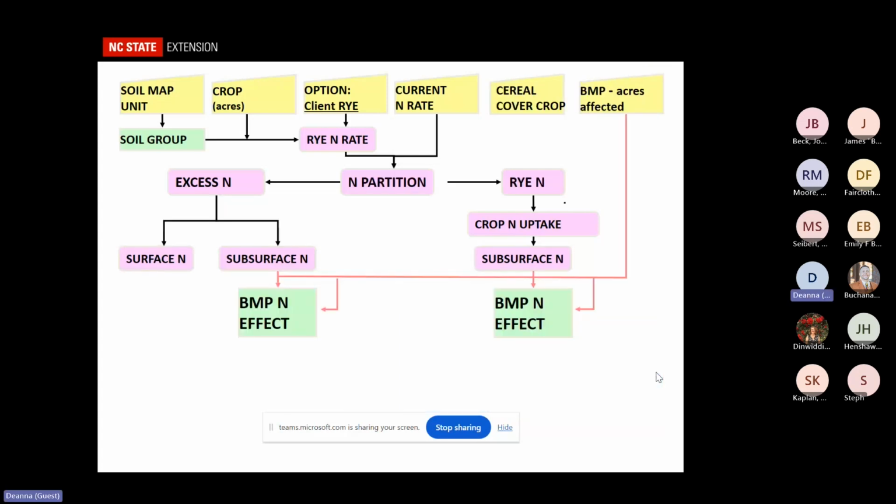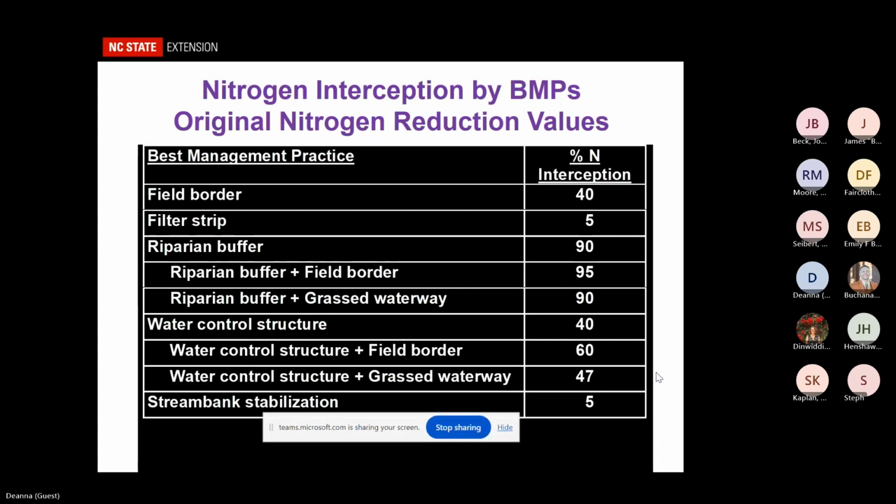And so I want to talk about the conservation practices that we looked at and their effectiveness value. So we went through initially, and Wendell Gilliam was at that point the person working with riparian buffers. And these were the effectiveness values that he gave. And let me tell you that they're pretty much wrong.